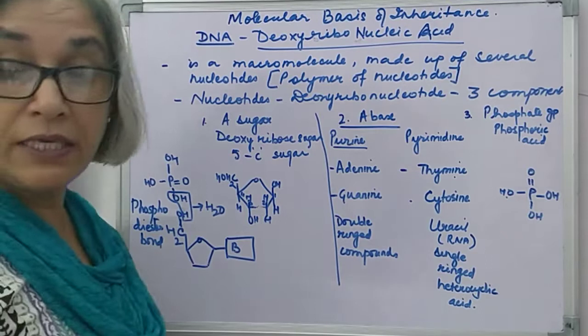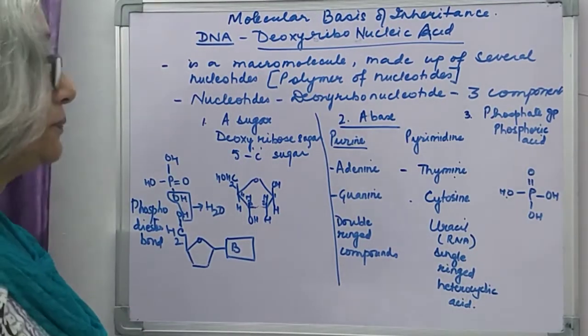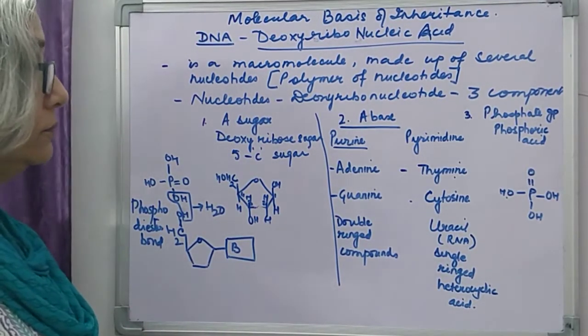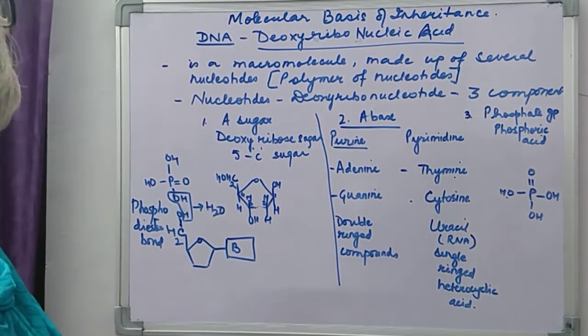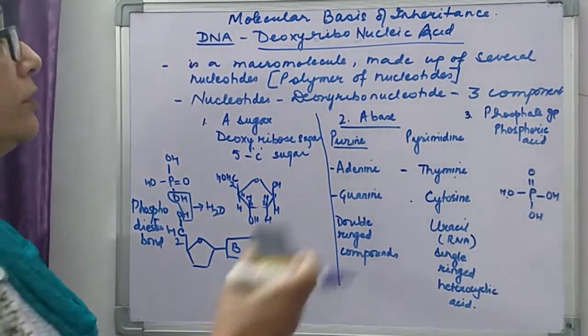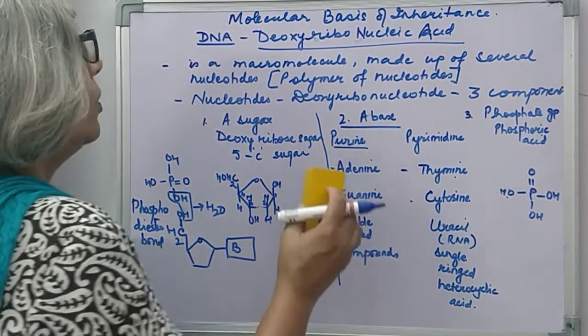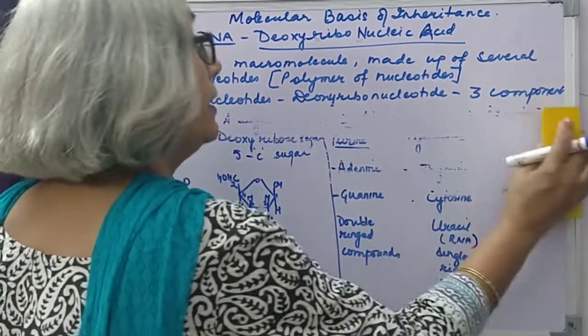So if we see the structure of DNA, one more thing that I would like to tell you here is how nucleotides are formed. This is clear to you? Okay, I am erasing this.